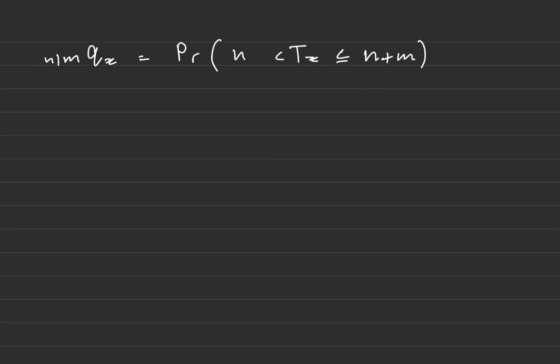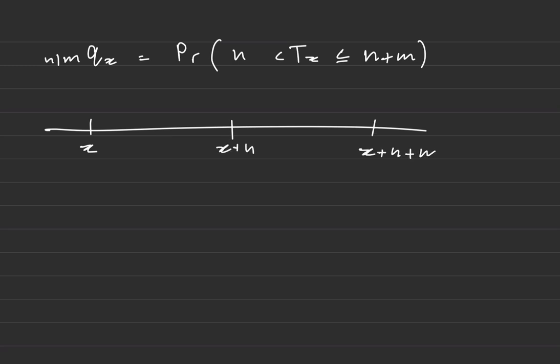So basically, a life currently aged x will here be aged x plus n, and here aged x plus n plus m. I'm interested in the probability that this life dies in this particular time period.